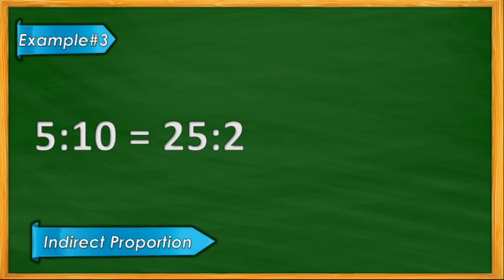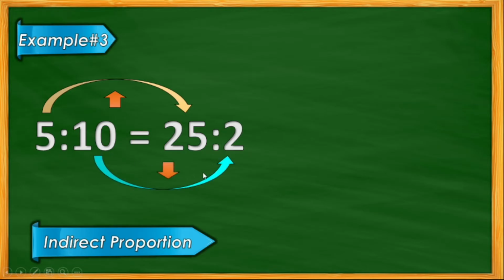Then, let's proceed to example number 3. Example number 3 is 5 is to 10 is equal to 25 is to 2. This example is an indirect proportion. Why? Because let's see, 5 becomes 25, which increases, and 10 becomes 2, so this decreases. So inversely proportional or indirectly proportional, the first quantity increases, the second quantity decreases.